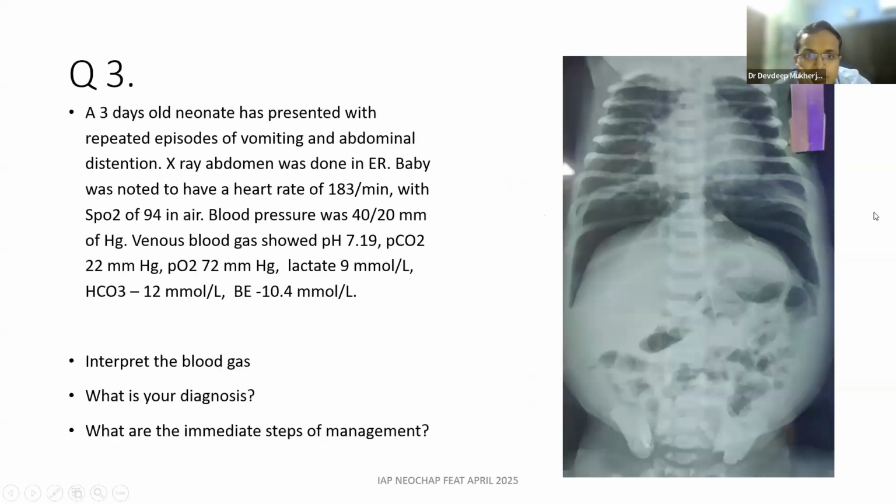Okay, coming to the next question. Interpret the blood gas.